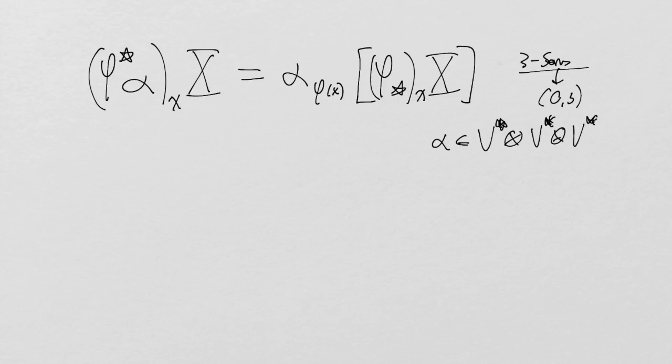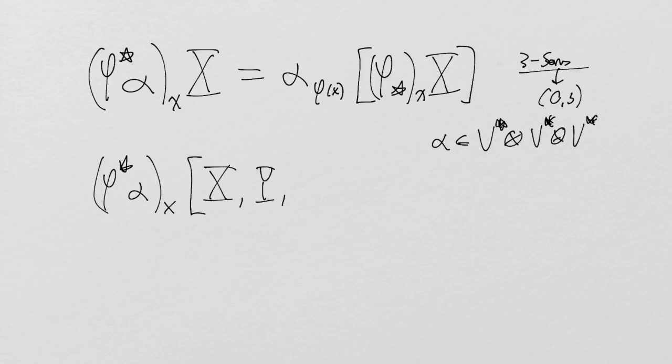We just do this. The pullback, got to do my stars right. The pullback of alpha evaluated at x, operating on the vector x, the vector y, and the vector z, would equal the original 0,3 tensor evaluated, which has still got to be a field. You still have that problem.